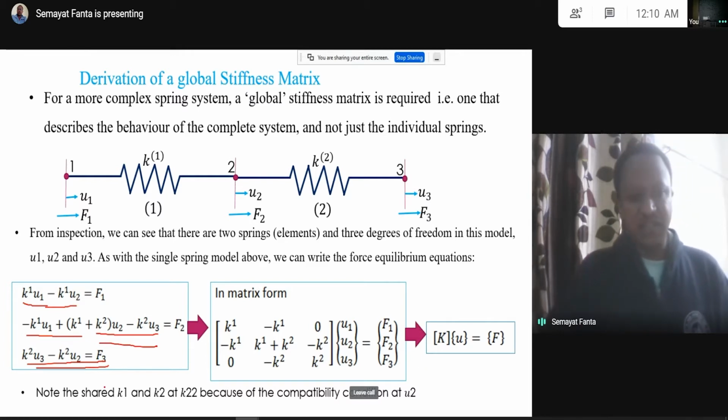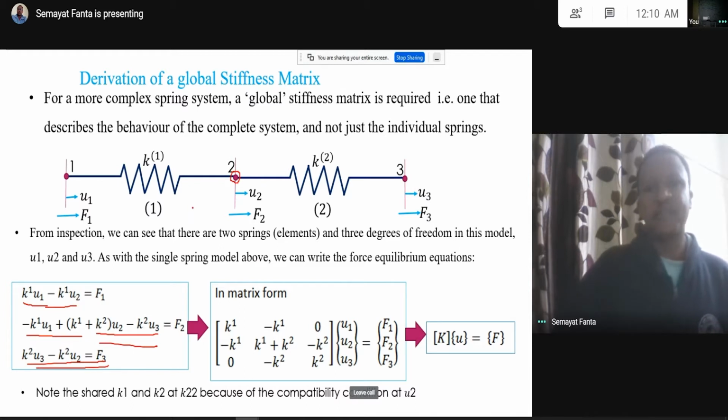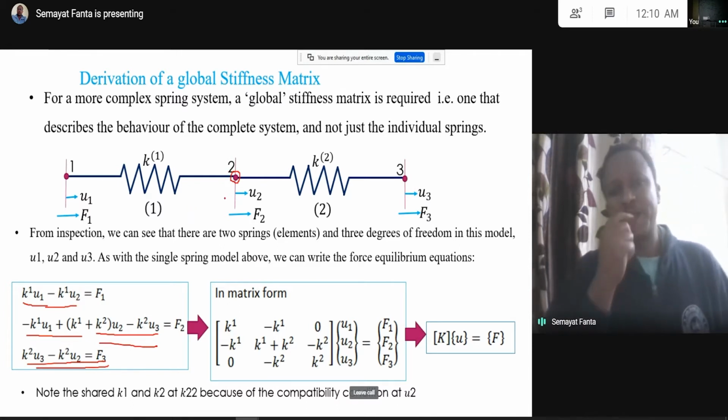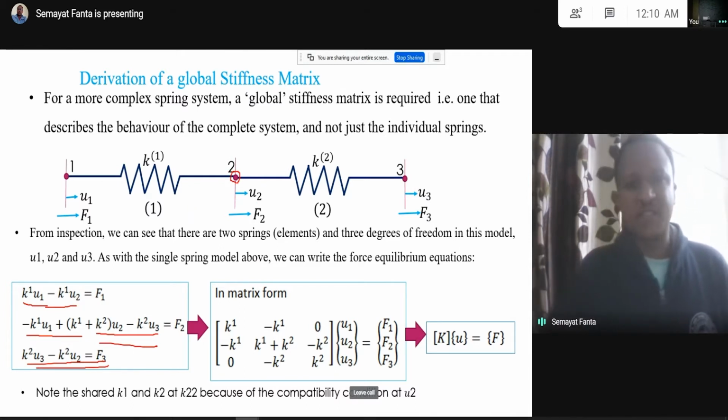So note that K1 and K2 share the term K22 because of compatibility. So at this point, there must be a compatibility condition satisfied. At node 2, the displacement compatibility condition must be satisfied.